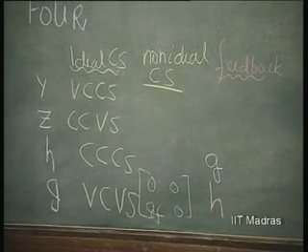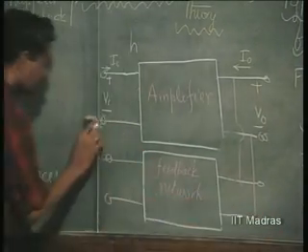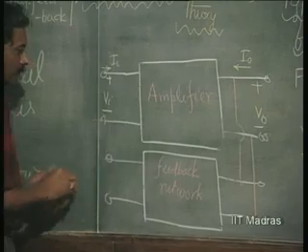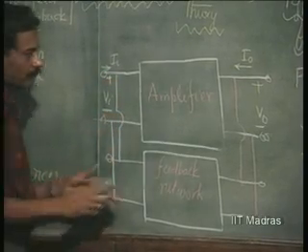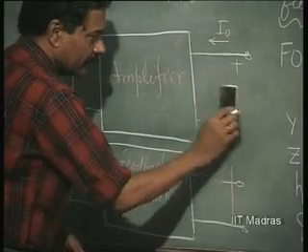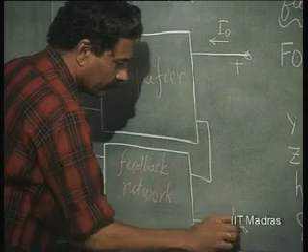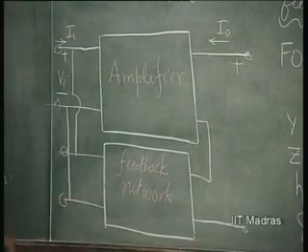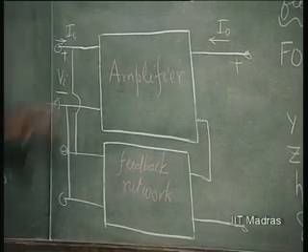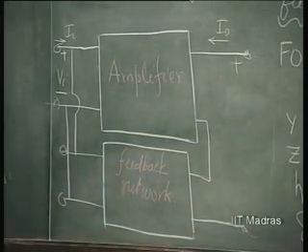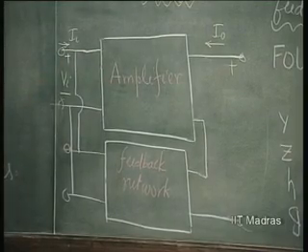What is G feedback? I put things in shunt at the input and I connect things in series at the output. So, this is where I feed the source, and this is where I connect the load now, and this is the composite G feedback. What are you doing here?